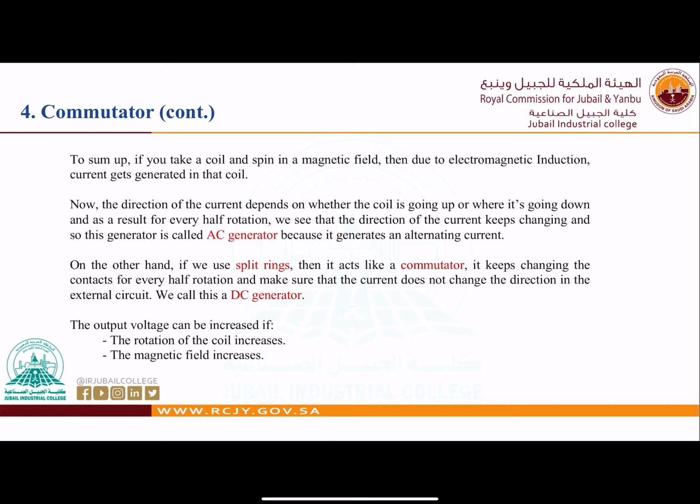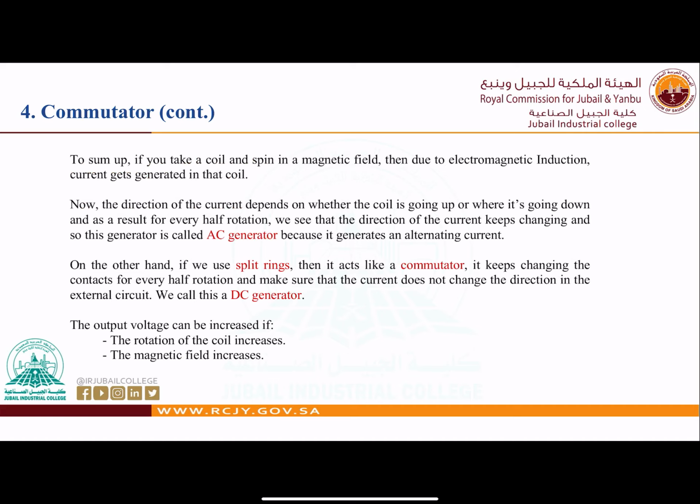To sum up, please try to read this slide. The direction of the current depends on whether the coil is going up or down. And we have split rings, we call it a commutator, and it keeps changing the contact for every half rotation and makes sure that the current does not change.